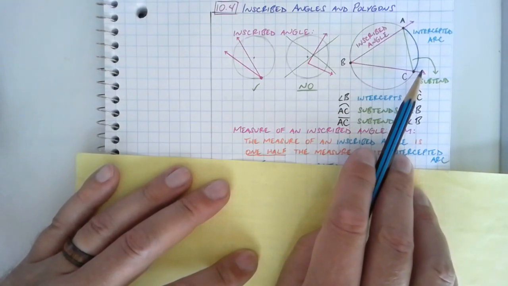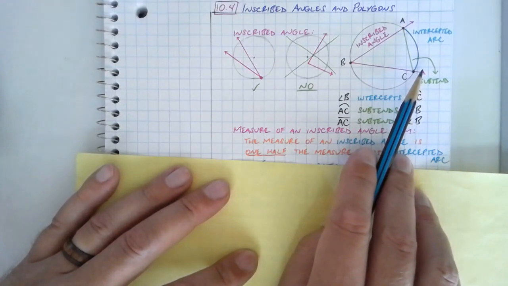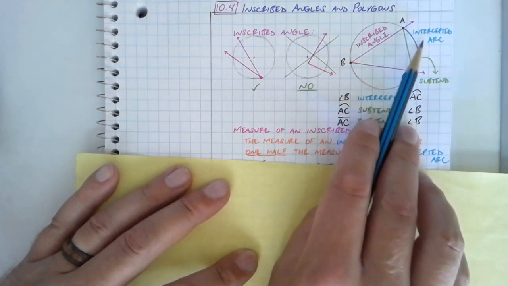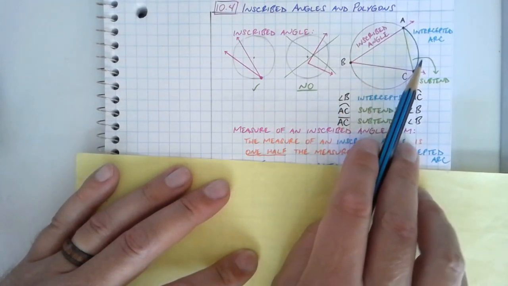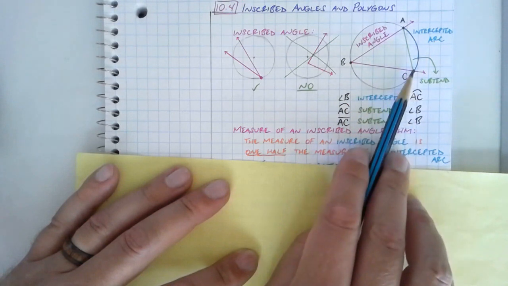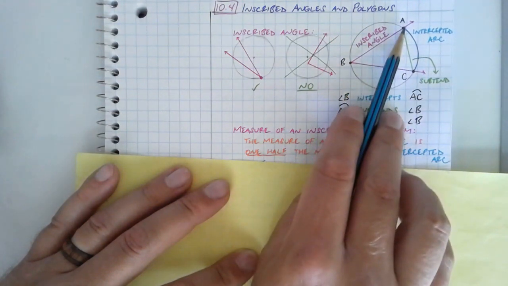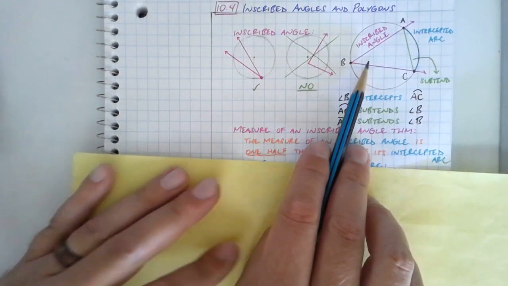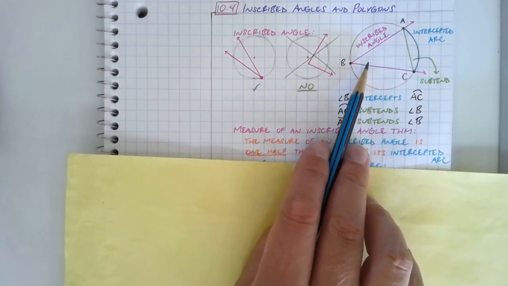Arc measurement, which we covered in a previous section, is measured in degrees as well, telling us a portion of the slice of the whole pizza, so to speak. If I knew this arc measurement was 80 degrees, this inscribed angle with the same endpoints as that arc would have to be 1/2 that value. So I would simply take the 80 degrees and multiply it by 1/2, or divide it by 2, whichever way gets you the same result. That would be 40 degrees.